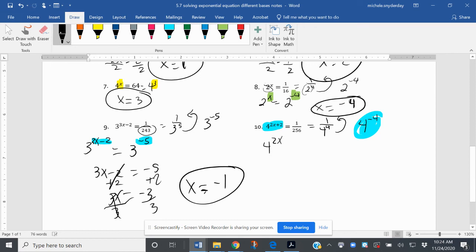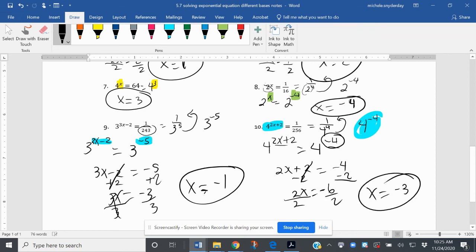So 2x plus 2 equals 4 to the negative 4. So our exponents are going to be 2x plus 2 equals negative 4. The opposite of a positive 2 is to subtract 2. That goes away, and we have 2x equals negative 4 minus 2, which is negative 6. Opposite of multiplying by 2 is divide by 2. And we end up with x equals negative 3 for our answer.